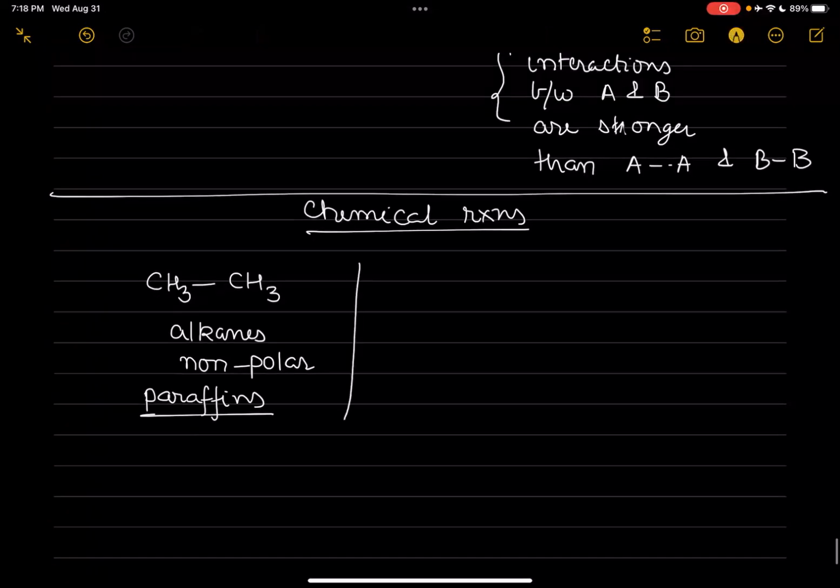But what happens with alkyl halides? Alkyl halides have a polar bond. And what is the outcome of this polar bond?